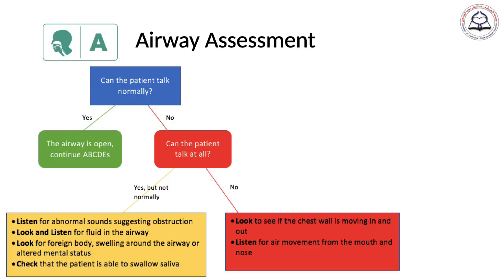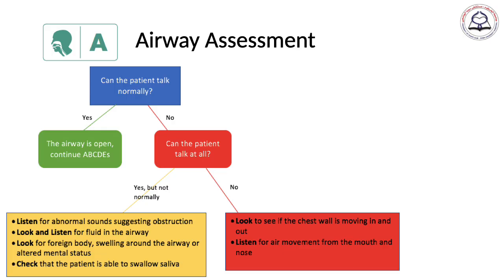The first step is to do airway assessment. The easiest and the quickest way to do airway assessment is to talk to the patient. Can the patient talk normally? If the patient can speak normally, this indicates that the airway is open, and then you continue to the subsequent components of the ABCDE approach.